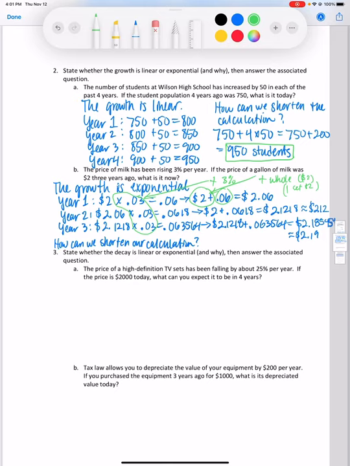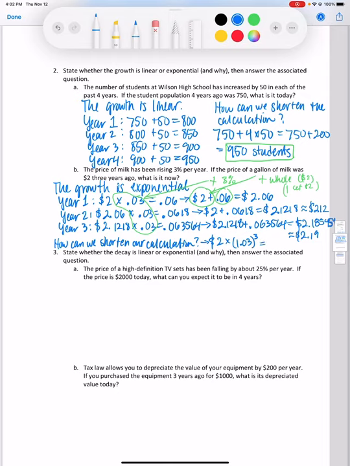So shortening our calculation is we take our multiplying by 0.03 and add on the 1 for the one whole $2 and the 0.03. So we'll take our $2 and multiply it by 1.03, and that 1.03 is cubed because we did it 3 times, 1 for each year.